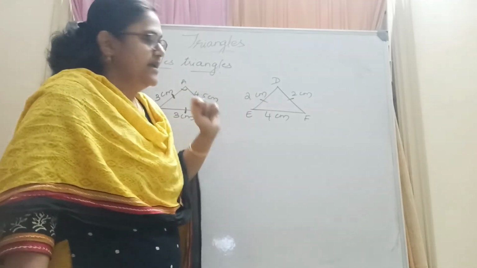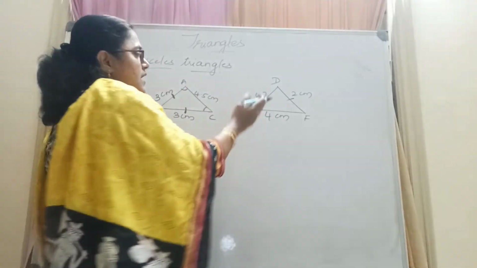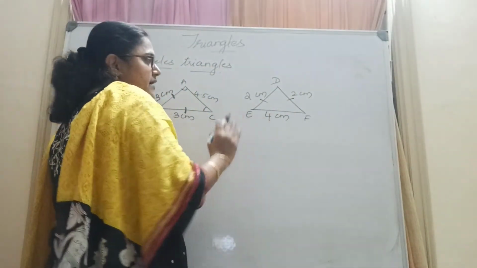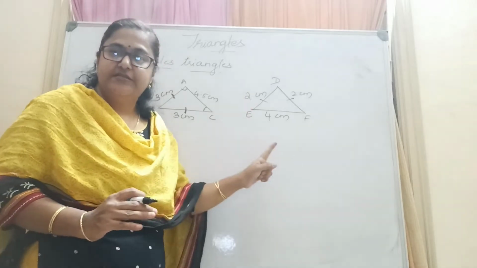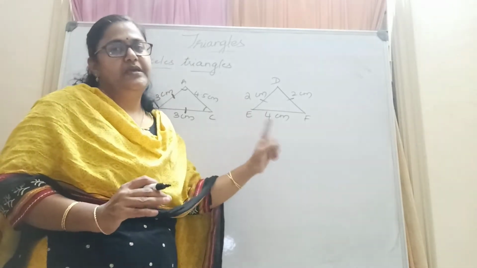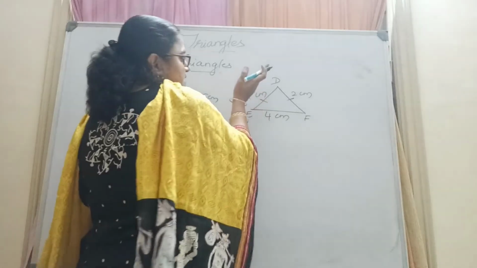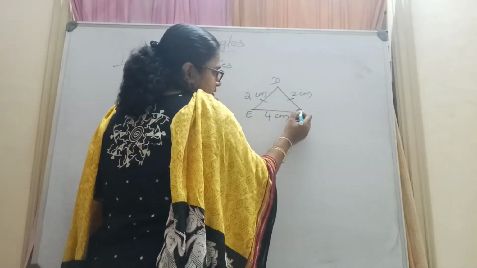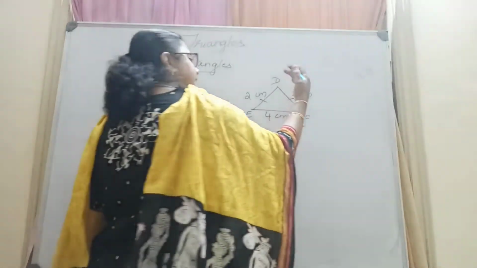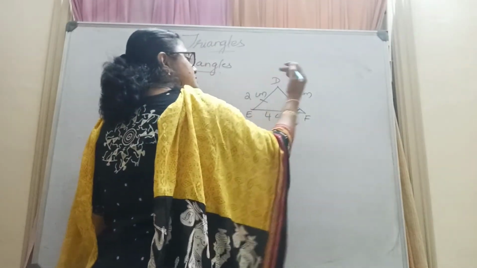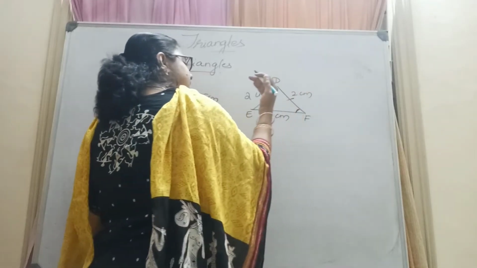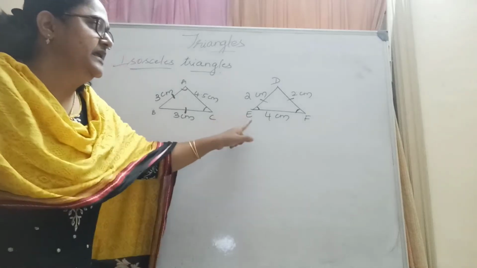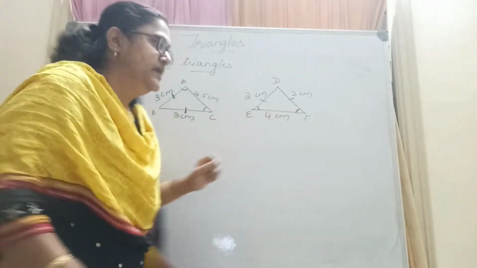Now, in this example, DE is equal to DF. I told you the angles opposite to equal sides will be equal. Now, side DF, which is the opposite angle? The angle opposite to DF is angle E. So here angle E and angle F will be equal.